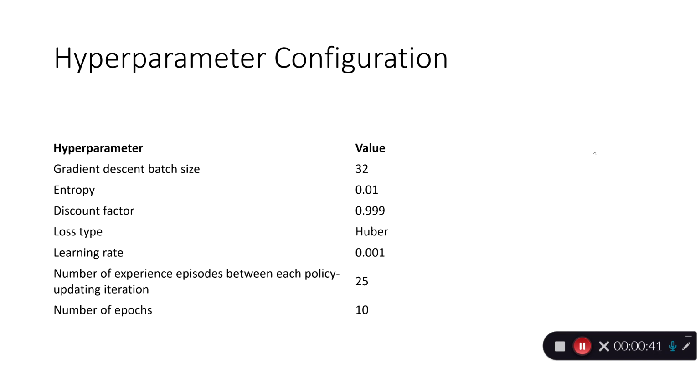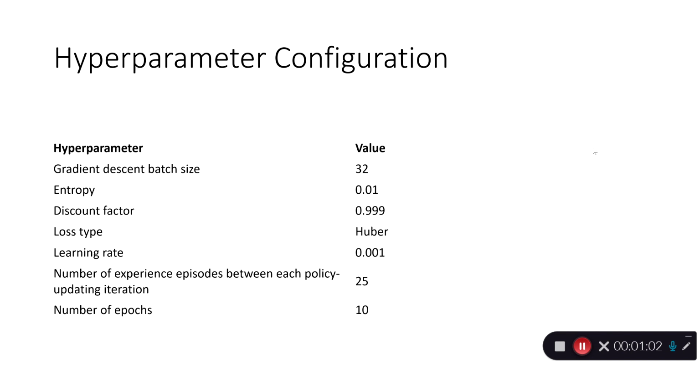So I chose the loss type as Huber because this loss type, according to what I've studied, incorporates the best properties of both the mean squared error and mean absolute error, in the sense that it is more robust in detecting outliers.